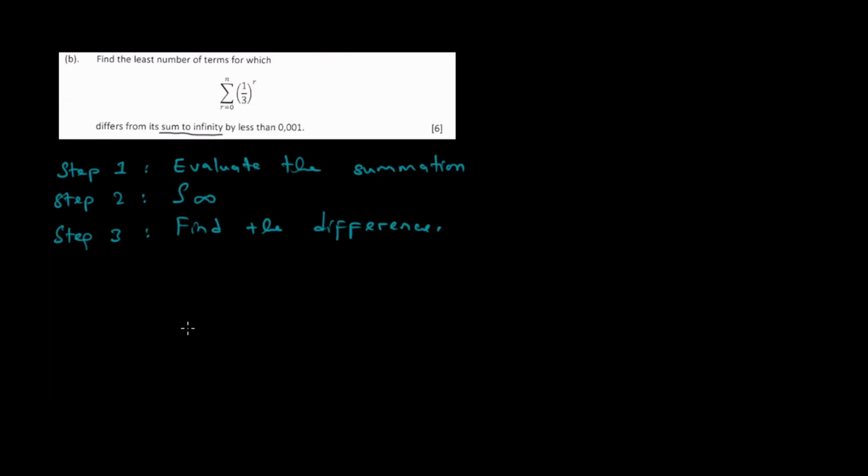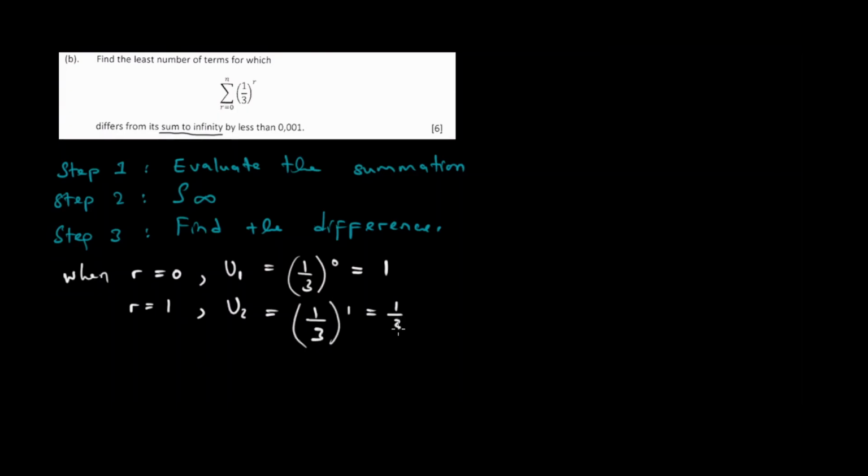So tiri pano manje tinenge takuti when r is equal to 0, because r arutangira pana 0, our first term u1 inenge iri equal to 1 over 3 to the power 0, which is just 1. Kana r are equal to 1, then which is u2 now, the second term, this is equal to 1 over 3 to the 1, which is simply a third.